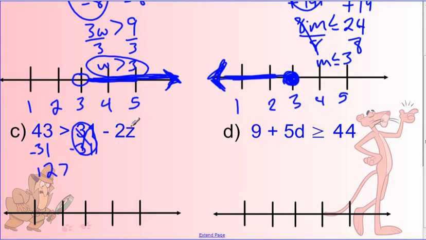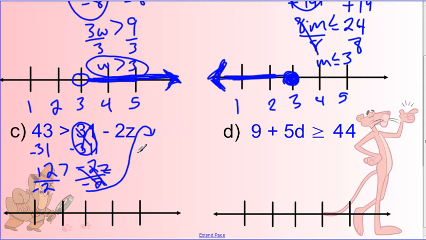And over here, you're still left with a negative 2z. It is a negative 2. Then we have to divide both sides by negative 2. I'm going to run out of space, so I'm going to start over here. When you divide by a negative 2, you have to change the direction of the inequality.